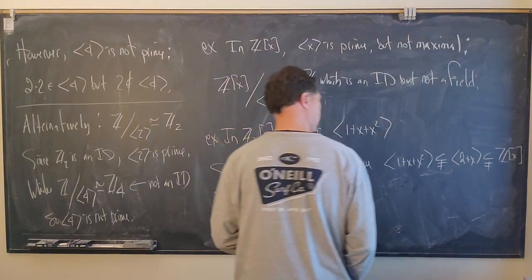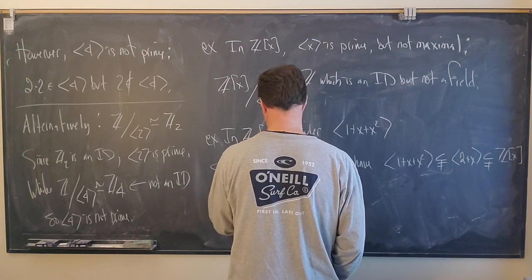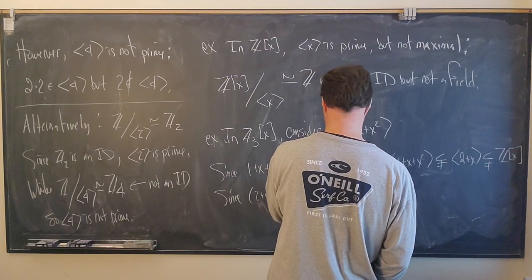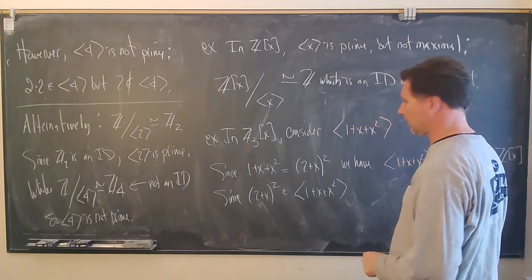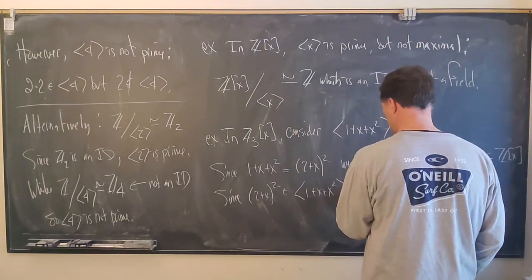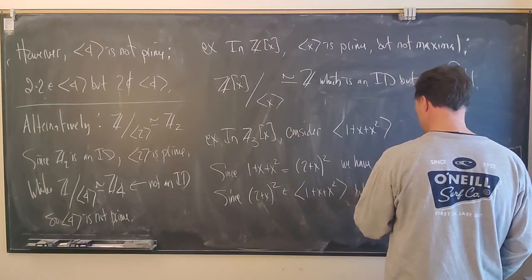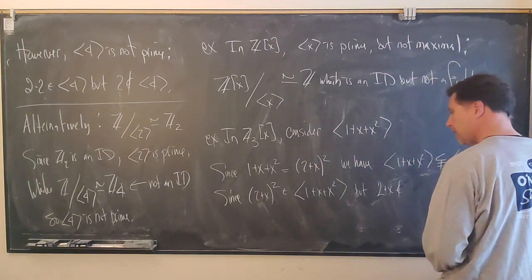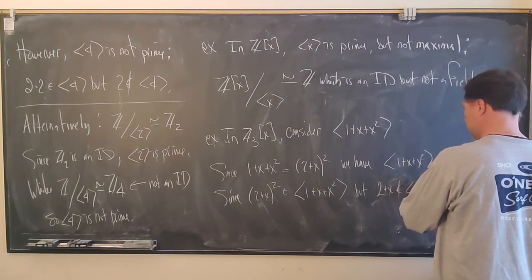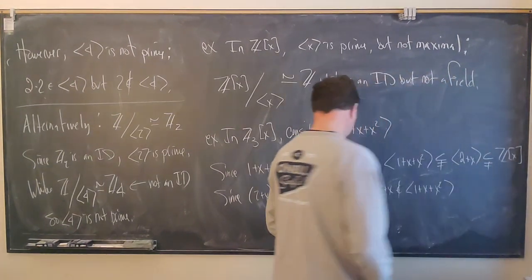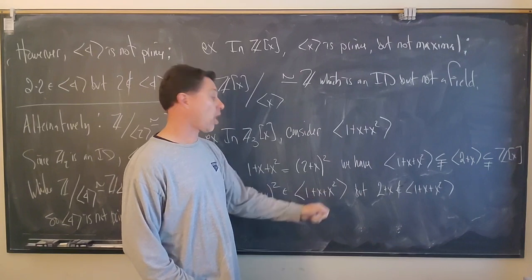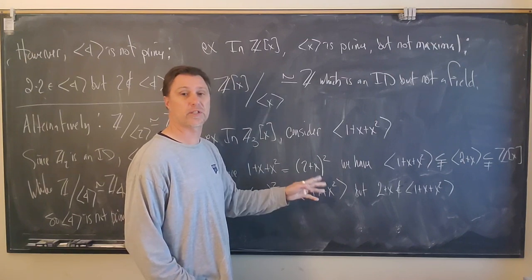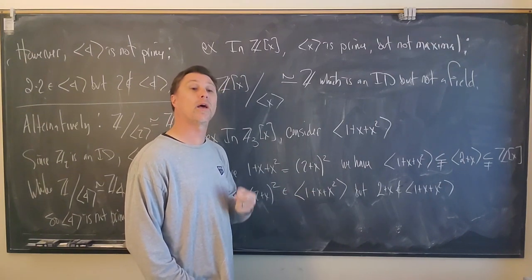Now if we look at (2 plus x) squared, that's an element of this ideal, right, because they're equal. But 2 plus x is not in the ideal generated by 1 plus x squared. Now, why is that? Well, think about what elements in here look like. They are polynomials. They're the zero polynomial together with all polynomials that have 1 plus x squared as a factor.